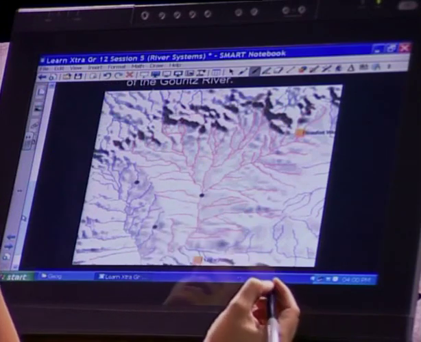So very importantly, you must be able to identify a dendritic pattern, and if they ask you to give a reason why a dendritic pattern has been found, it's because it develops on rocks that are uniformly resistant to erosion.